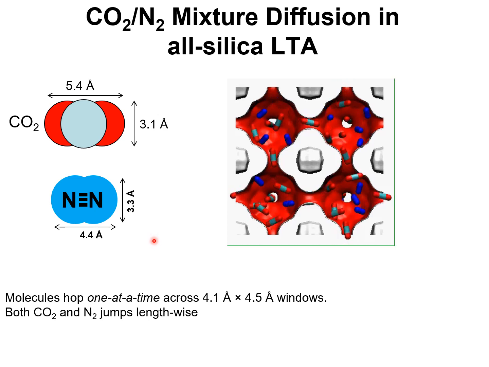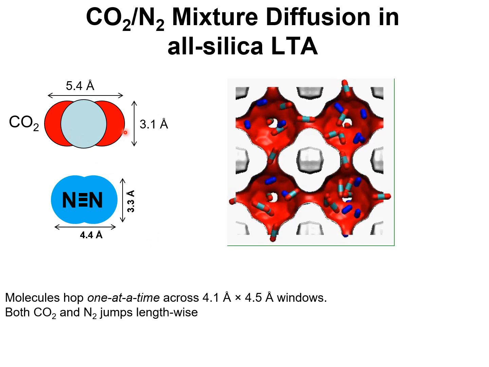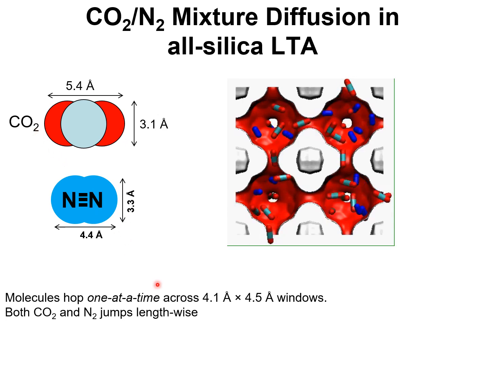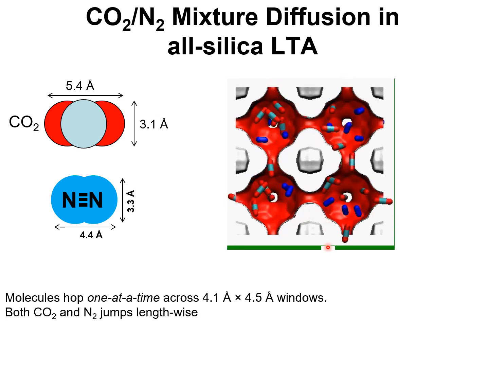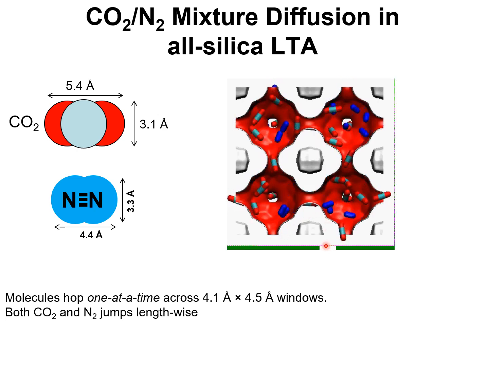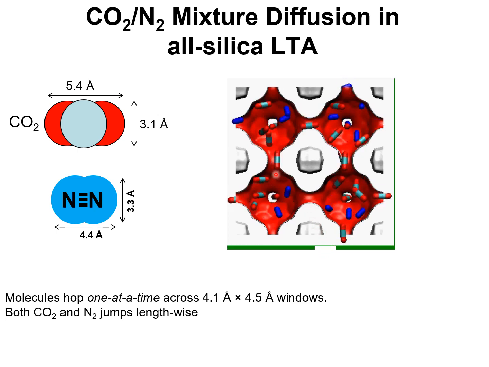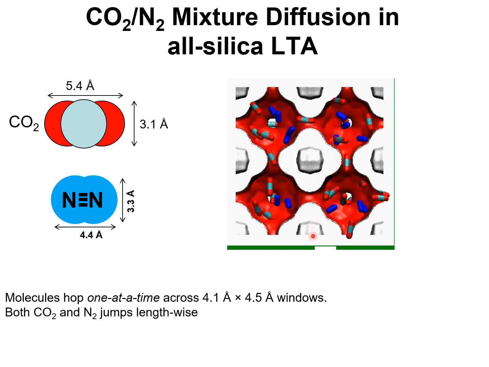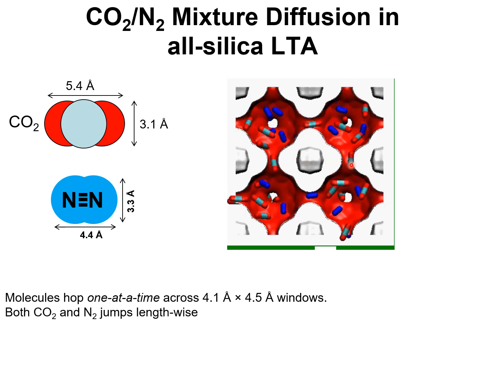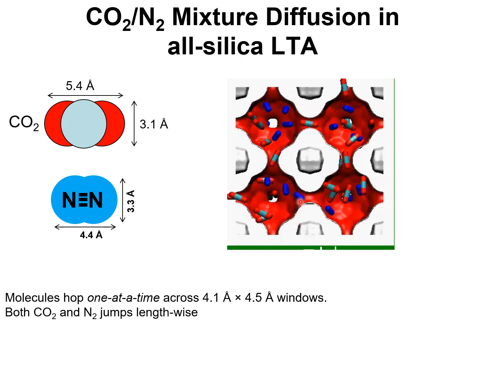Let us examine the intercage hopping of 2 pencil-shaped molecules, carbon dioxide and nitrogen, in LTA all silica zeolite. Also in this case, you note that carbon dioxide that is most strongly adsorbed is firmly perched at the window regions and has a tendency to prevent the intercage hopping of nitrogen molecules.